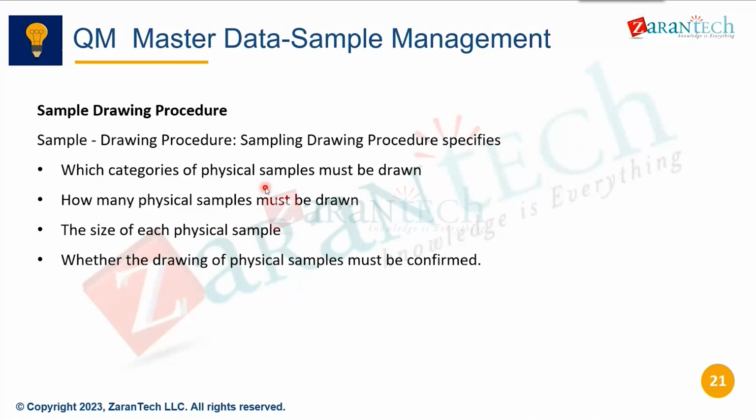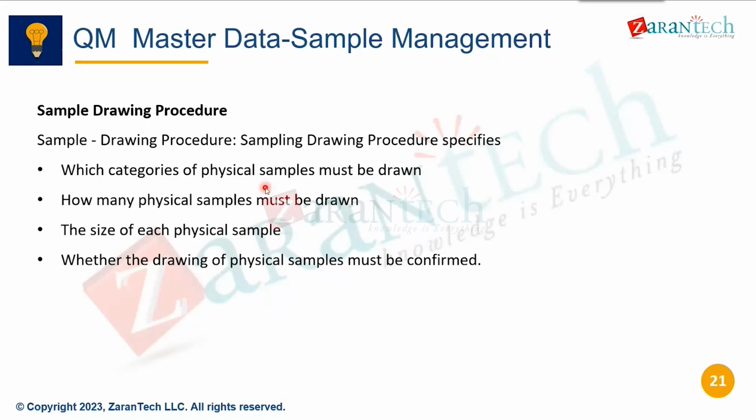Sample drawing procedure is used, basically in chemical industries or process industries, where all the inspection results will be recorded for the physical samples. There is a sample record in the system, and against the sample record all the inspection information will be recorded, with sample labels and everything. They need one identity for that physical sample.